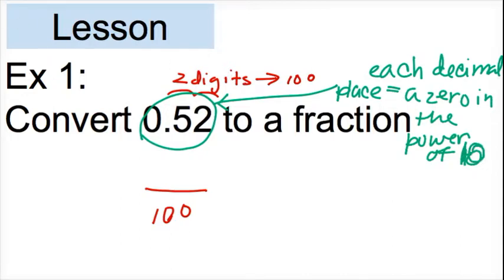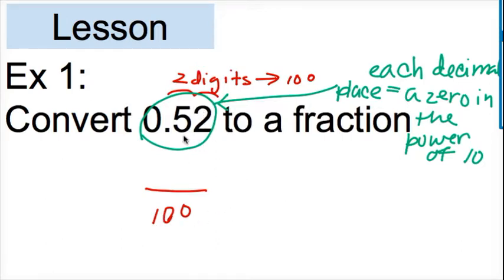Remember our powers of 10: 10, 100, 1,000. So the number of decimal places determines the power of 10. I have 2 decimal places, so I have 2 zeros in my power of 10.